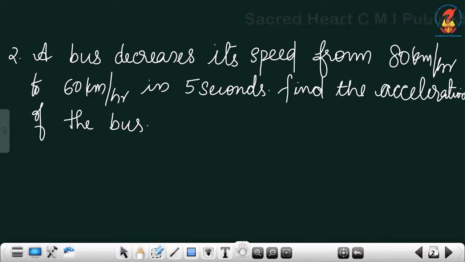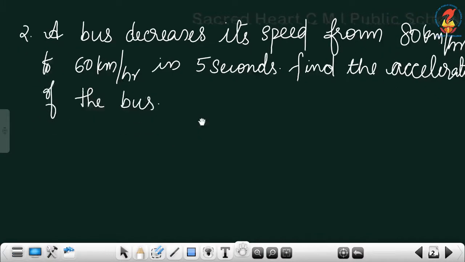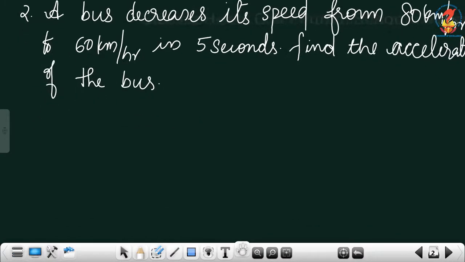Okay. So can we do it? So here I am not going to write initial velocity, just u equal to. Okay. So initial velocity u equal to 80 km per hour.